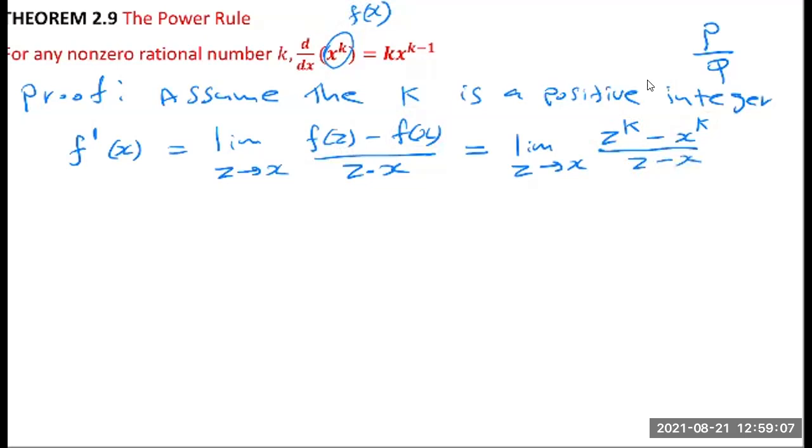Now what I'm going to do is use some product formula that can be verified easily.